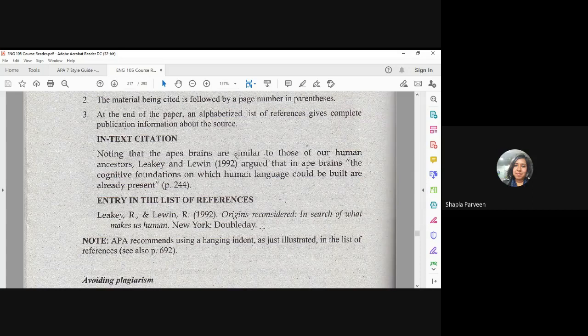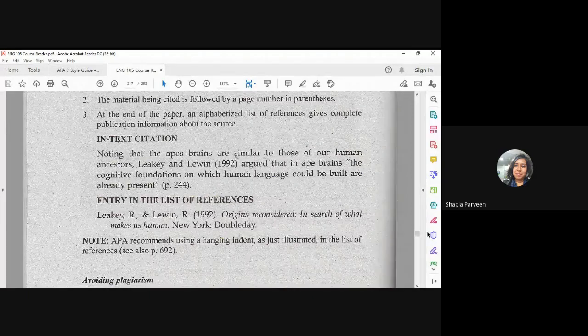It's not the page number of the page where you have quoted or paraphrased, but the page number of the whole article. So if an article is 10 pages, then the whole page range will be given. It has to be provided in the reference list, but this only goes for, as I said, journal articles, magazines, newspapers. So you can see in-text citation is simple, but the reference list has a lot more information.